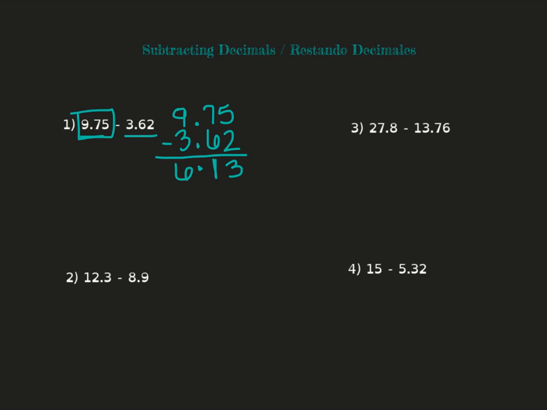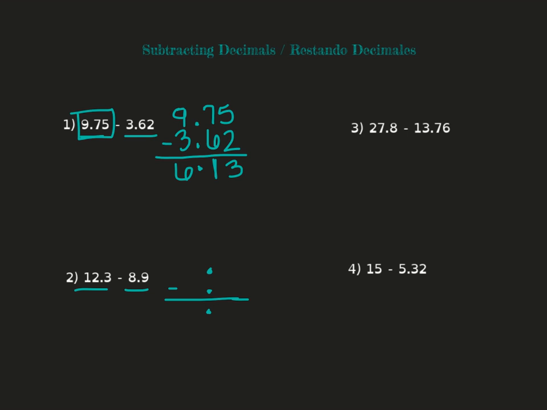Okay, so now let's work out our second problem. Our second problem tells me that I have 12 and 3/10 minus 8 and 9/10. So the first thing I'm going to do is see that both of my numbers have decimals. So I'm going to put my decimals, my subtraction symbol, and then my decimal down at the bottom for my difference, in this case my answer.